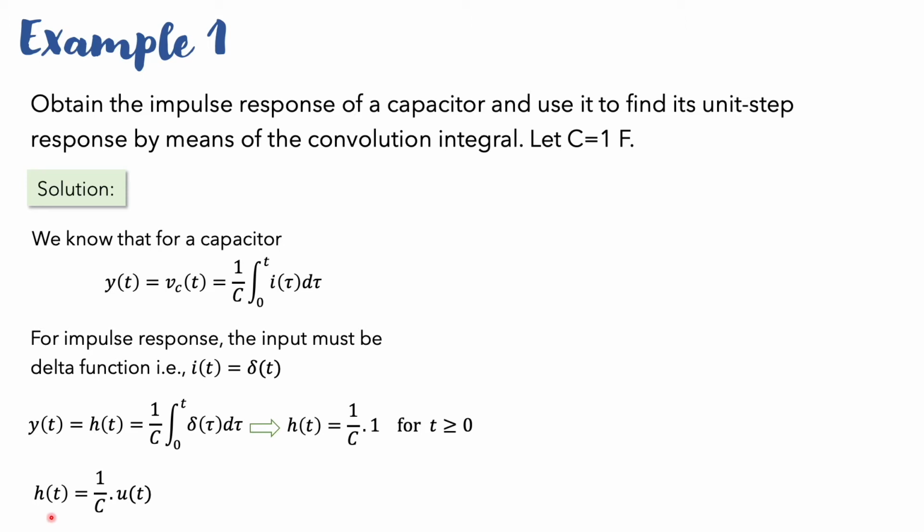So this is the general representation of a signal. We can multiply a signal with u(t) and it keeps its own form. And for C equal to 1, meaning the capacitance was equal to 1 as given in the statement, we can write h(t) is equal to u(t), meaning the impulse response is equal to the unit step function.